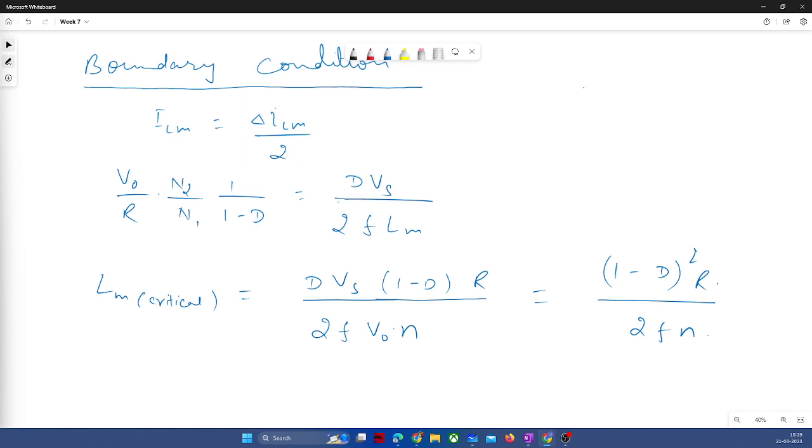Then we cannot put the L critical: for one particular parameter it is 100 microhenry, for another it will be 200 microhenry. So how will you fix that L critical? We cannot make the L critical fixed for the total variation of the load.